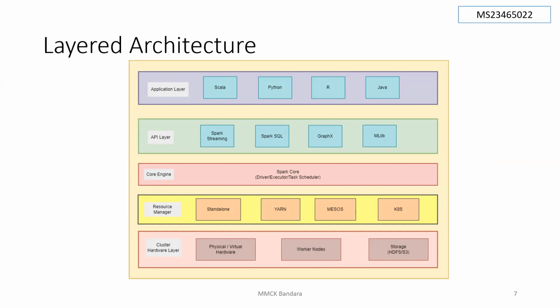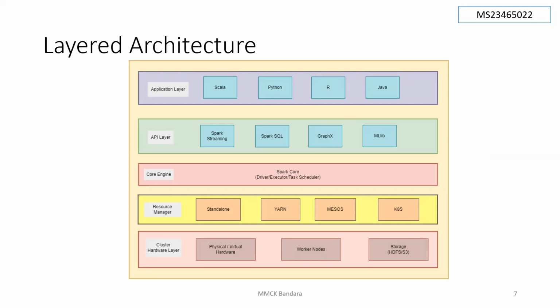The next level is the API layer, and the API layer consists of different features of the Apache Spark framework, like Spark Streaming, Spark SQL, graph processing, and machine learning. In that case, external applications can easily utilize these features and fulfill their computing needs with Apache Spark.